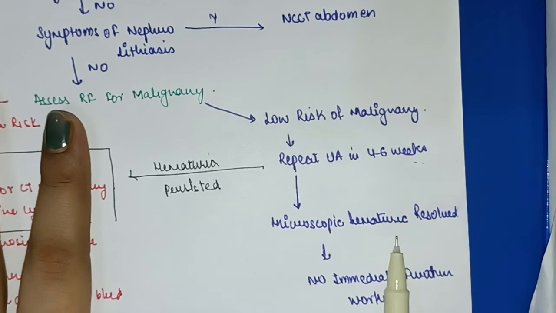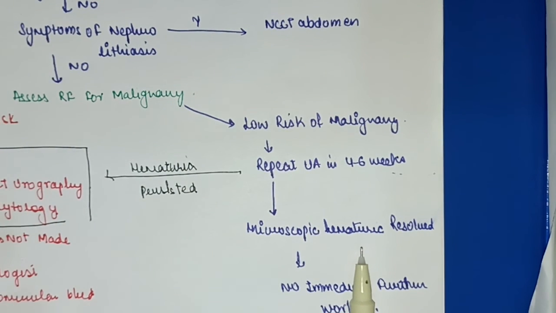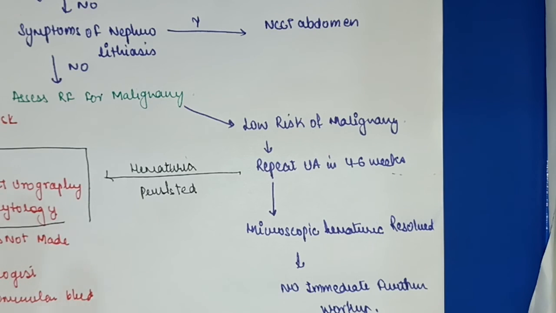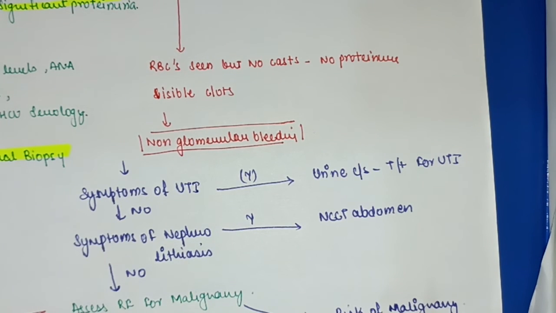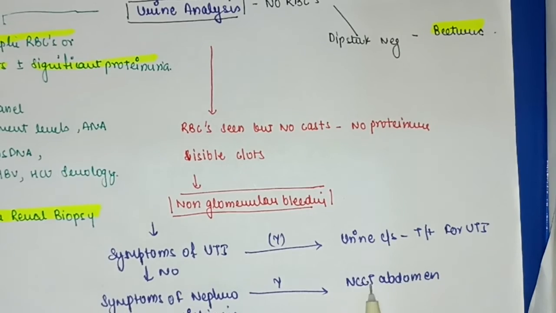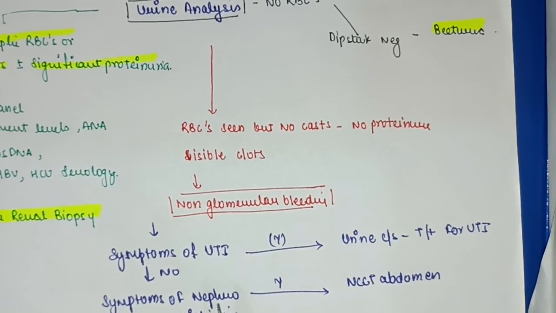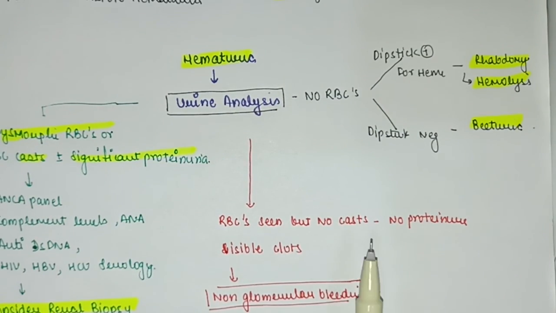If there is no microscopic hematuria on repeat urine analysis, then no immediate further workup is necessary. We can advise the patient to repeat urine analysis after an interval of 1 to 2 years. So this is all about how to approach a patient with hematuria.